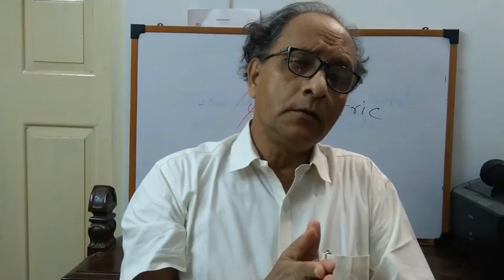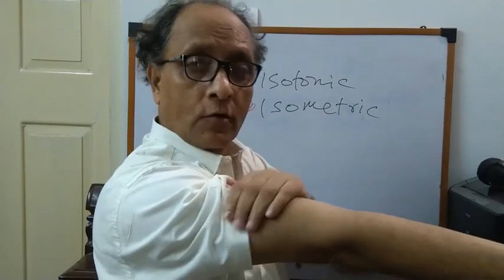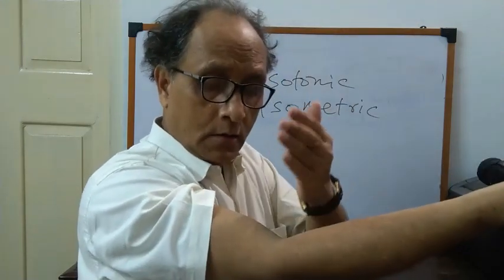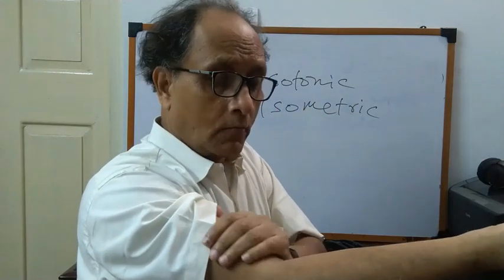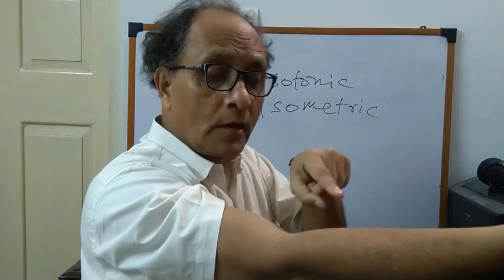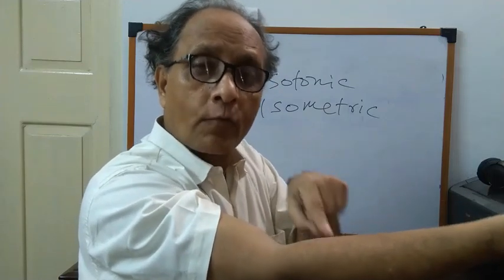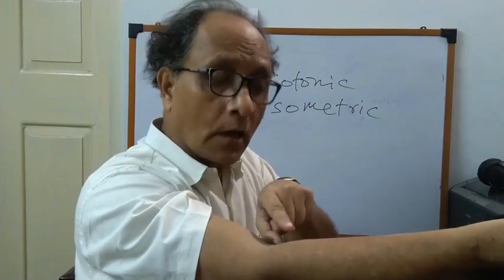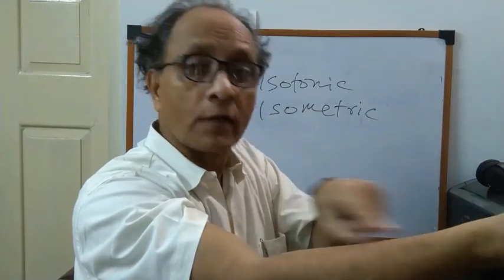If I explain it in a more elaborate way, what is a load? When the biceps brachii is contracting, it is causing flexion of the elbow. How is the flexion taking place? Because the biceps brachii tendon is inserted on the forearm bones, radius and ulna.